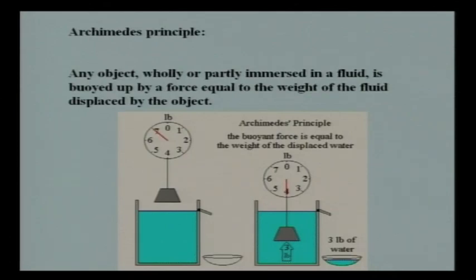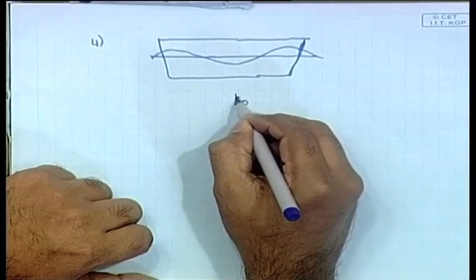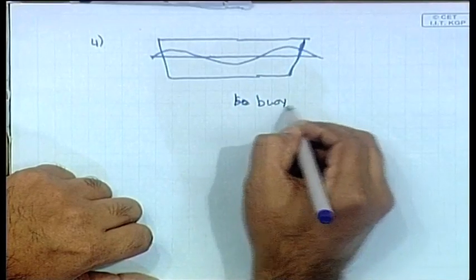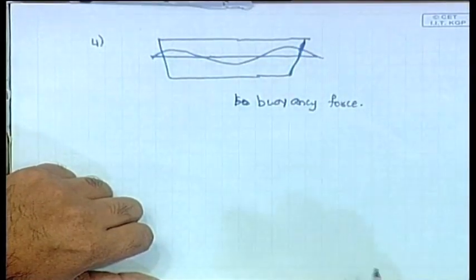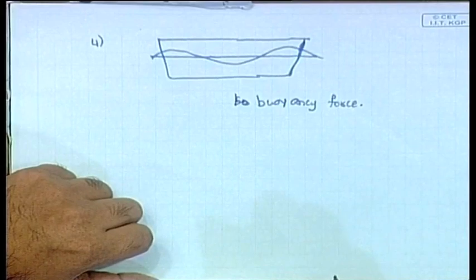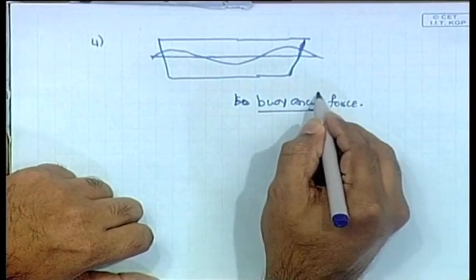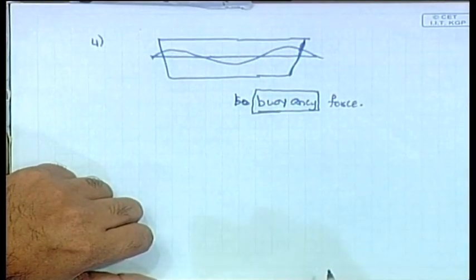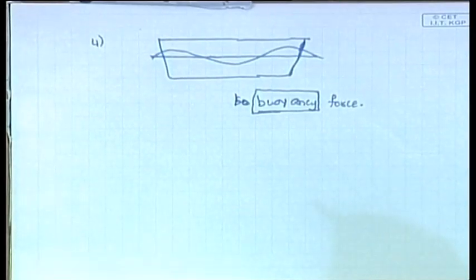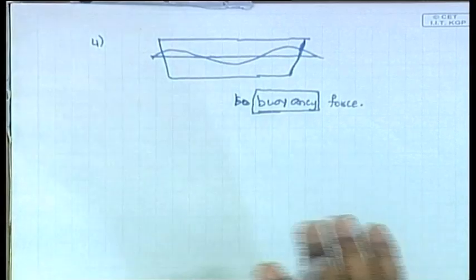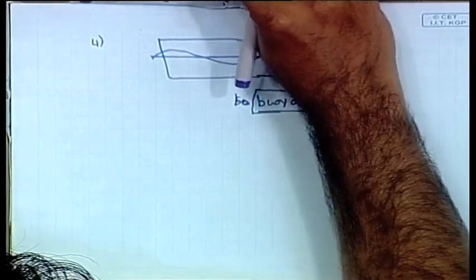It is known as the buoyant force or buoyancy force. That name you will know, but still it is very important. So, what you see is that 3 pounds is acting, and out of that 7, 3 pounds has gone and the balance is showing only 4 pounds as you expect. So, this is the very basic concept of Archimedes principle.